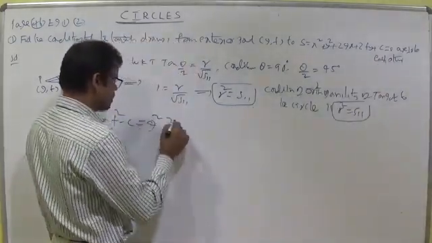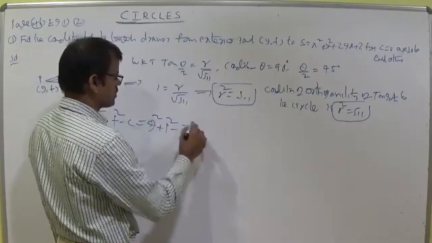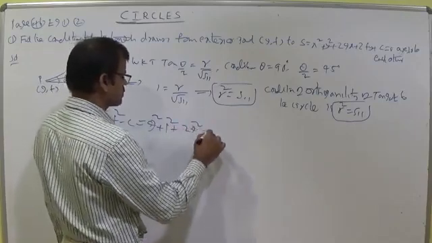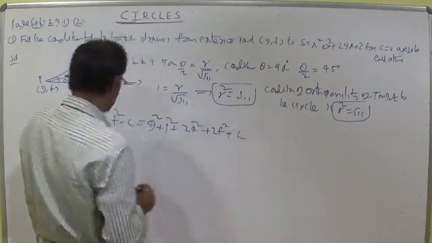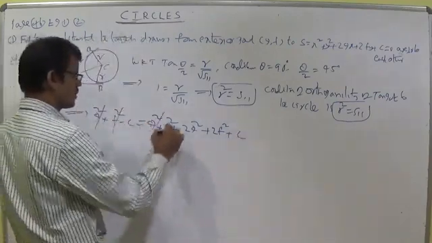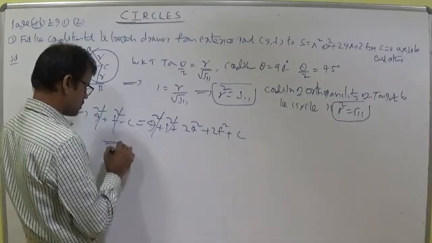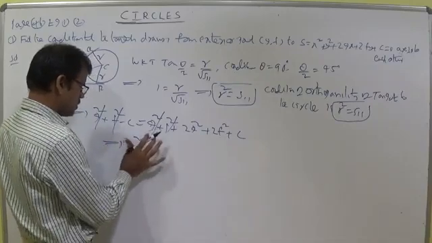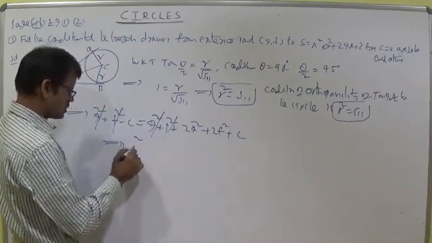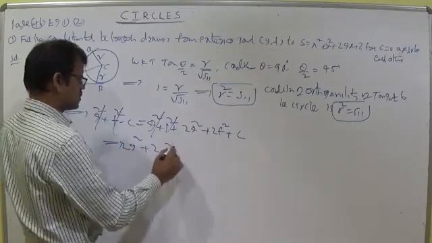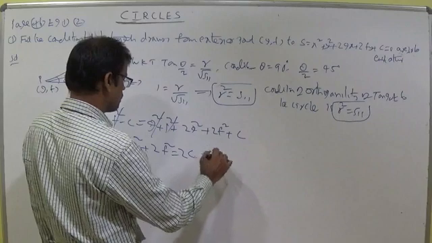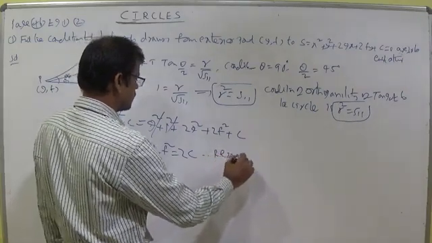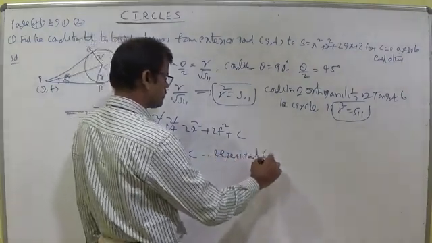So substitute here: g square plus f square plus 2g square plus 2f square plus c. Here g square and f square got cancelled. So you can write 2g square plus 2f square is equal to 2c. Therefore, required condition.